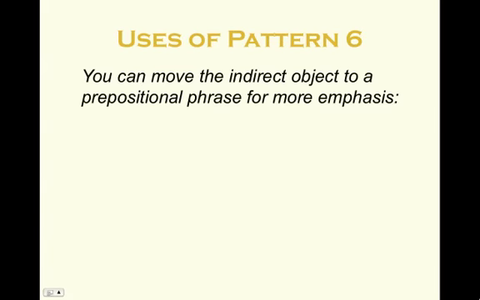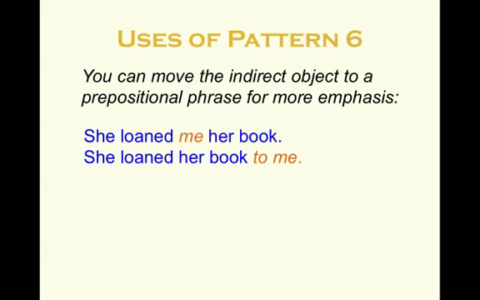How can we use pattern 6? You can move your indirect object to a prepositional phrase. I might say she loaned me her book, or I might say she loaned her book to me. We tend to stress what comes at the end of a sentence. If I want to be really exaggerated, she loaned me her book.